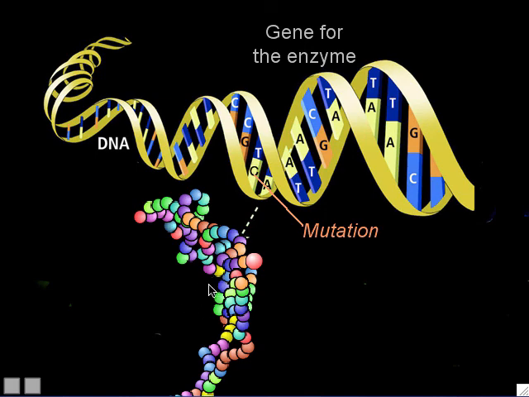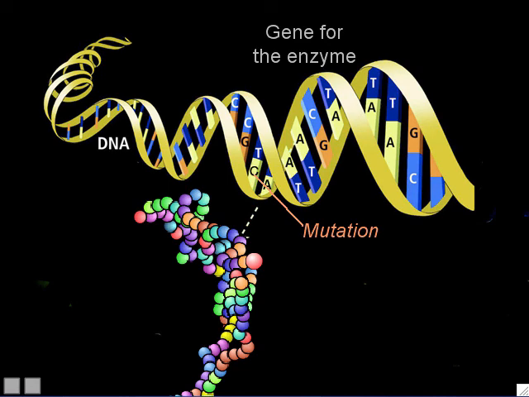Matter of fact, it's not going to have any activity at all because it's denatured. And so yes, if a person has a mutation in one of their genes, they're not going to have a functioning copy of that particular enzyme that's encoded by that gene, because essentially the gene is going to make a denatured version of the enzyme.